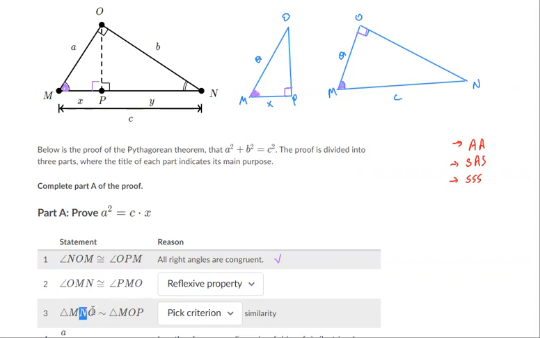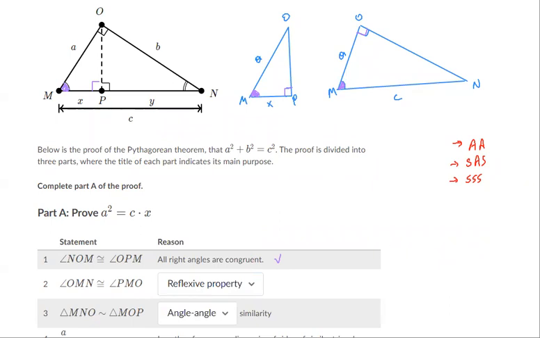The second letter is N, which is the angle that we didn't name, which has to correspond to this O, the middle one in the second statement, which is correct. And then O in my larger triangle is a right angle, which should correspond to P, which is 90, as we saw is the case. So now we can see these are similar. The reason they are similar is that we have two angles equal. So that's basically angle similarity.